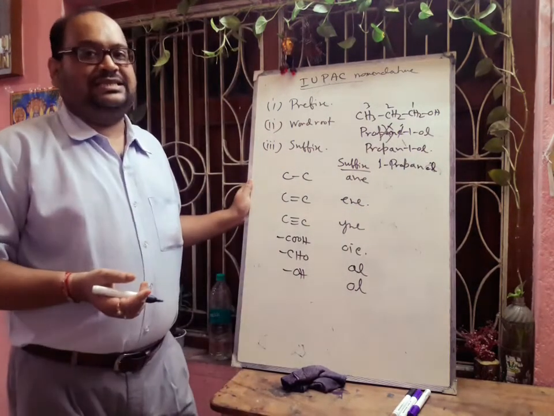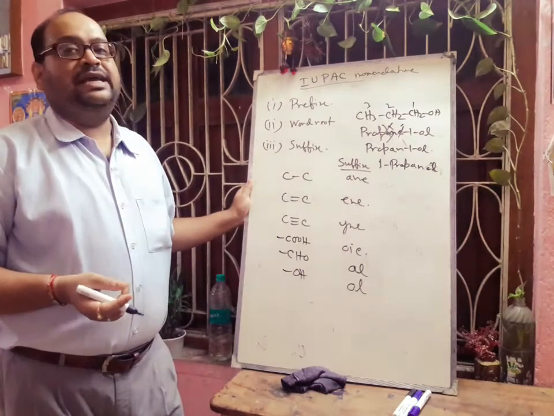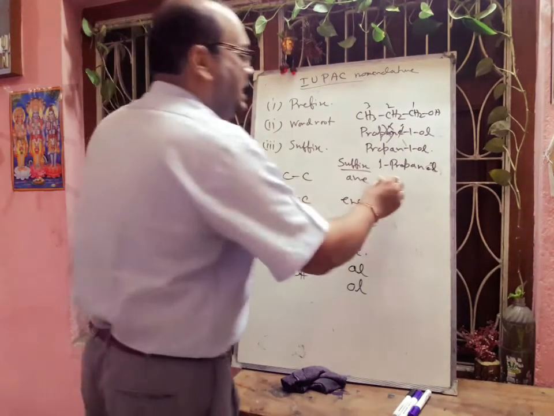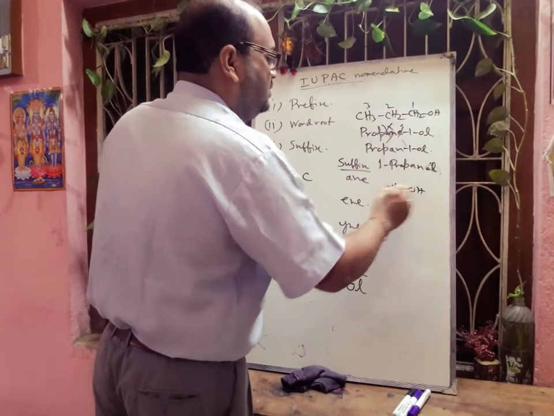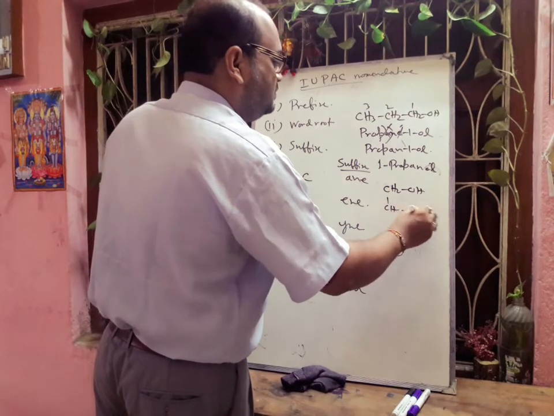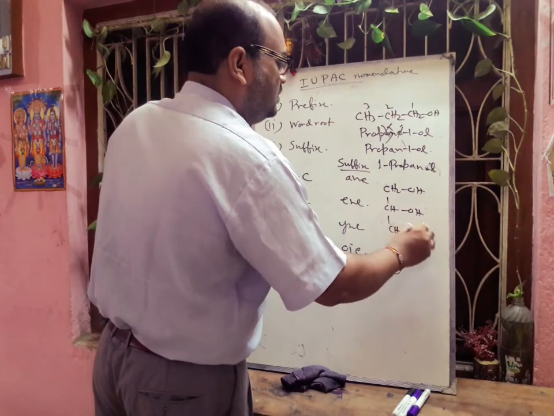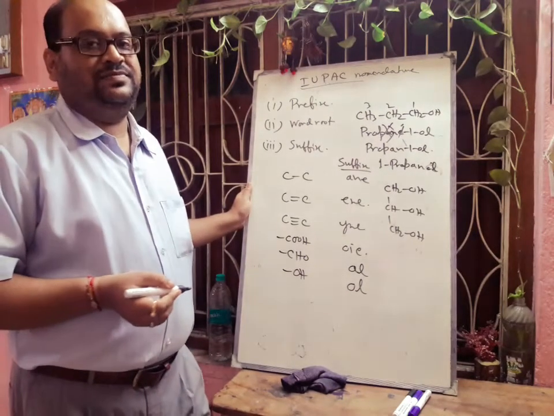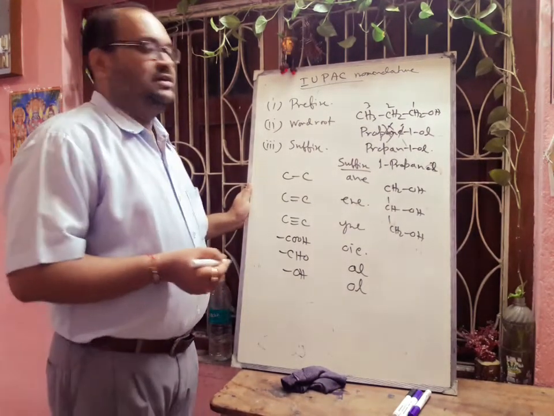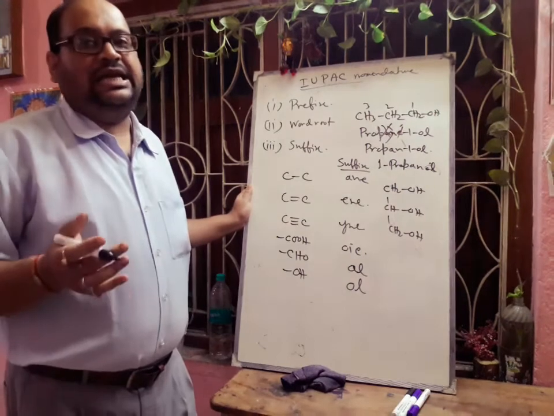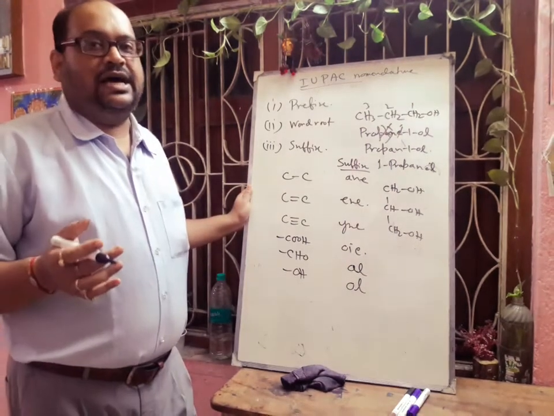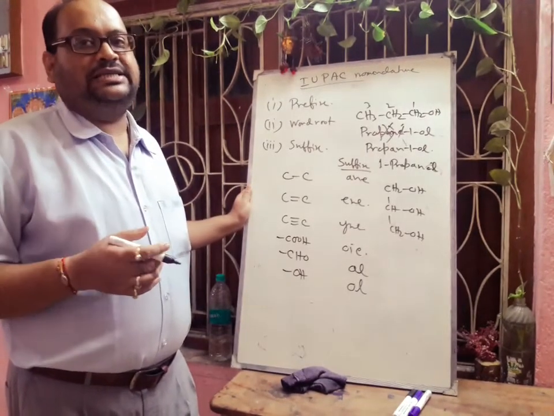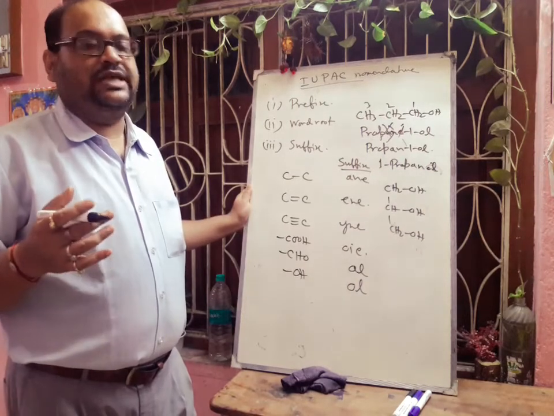Suppose in this case, if I draw the structure like this, that is glycerol. So in this case, what will we write? Here the terminal E is written if the complete secondary suffix begins with a consonant.